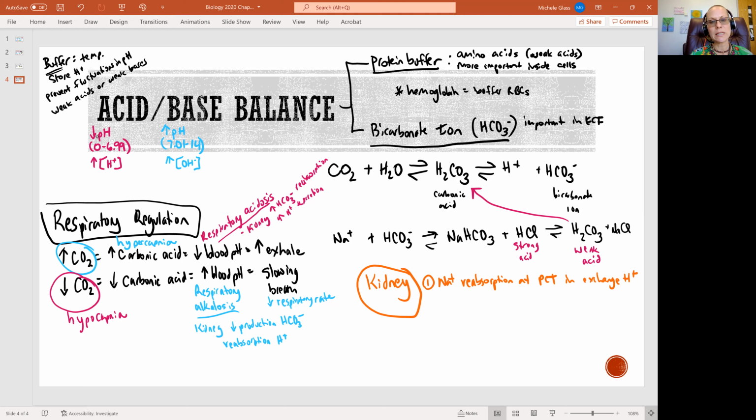So at the PCT, we're actually reabsorbing sodium and then we're putting hydrogen ion into the tubular fluid.